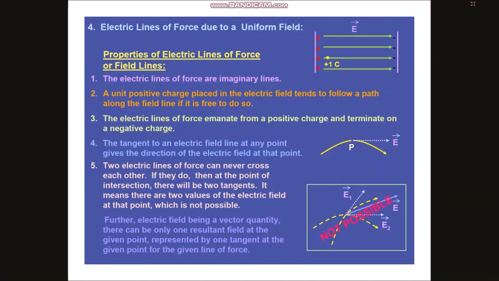If they do so, then at the point of intersection there will be two tangents. It means there are two values of the electric field at that point, which is not possible. Further, electric field being a vector quantity, there can be only one resultant field at the given point, represented by one tangent at the given point for the given line of force.